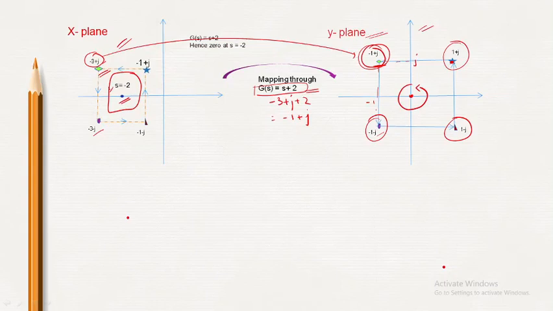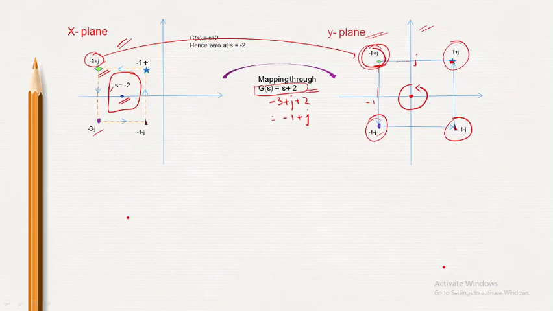These are the things which will be of importance. That's why I am highlighting only those points. It's not just that you randomly get some contour in the other plane when you map it through some function. There are various peculiarities which you will see, and these are the points that you should remember.